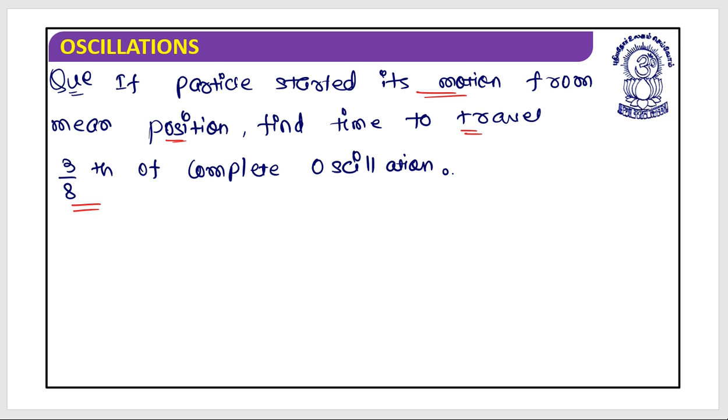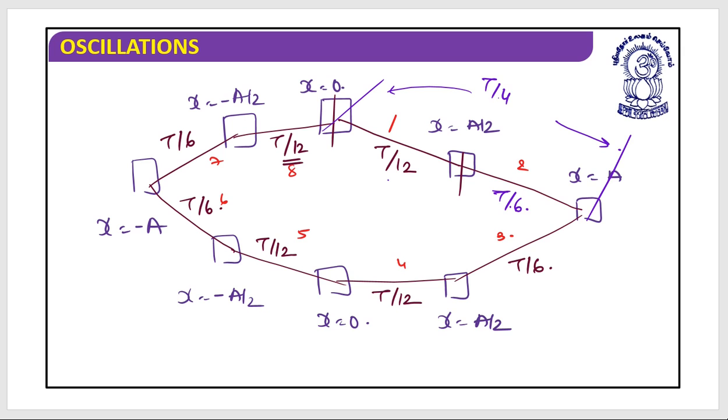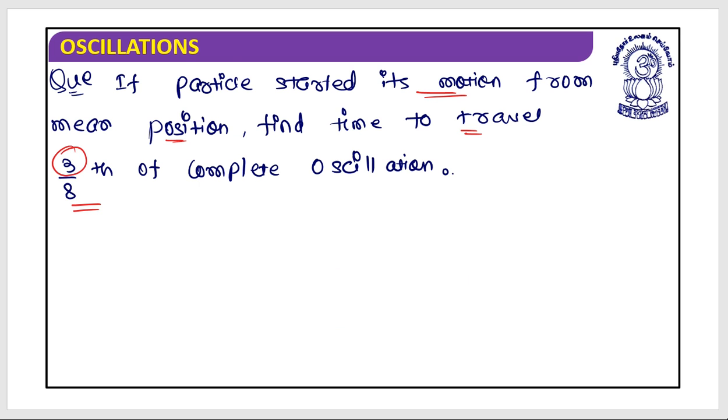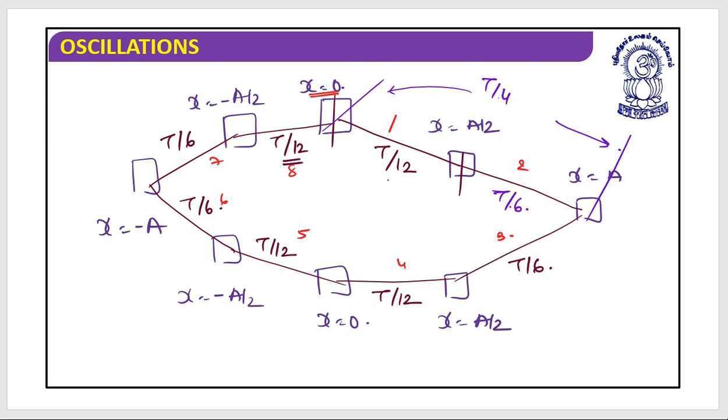So let's understand the situation well. This is the mean position. As you can see, this is a symmetrical diagram. So let's suppose what you need to travel is 3 sections of this total 8 segments. You just take this, it's the first, second and third.